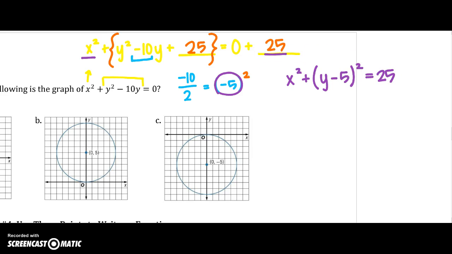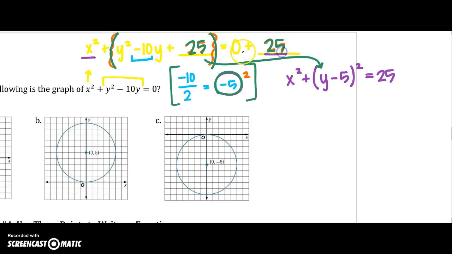You may be thinking, where in the world did all that come from? If I would factor this right there, I would come up with y minus 5. So if you do this portion, you are going to get this number and this number.